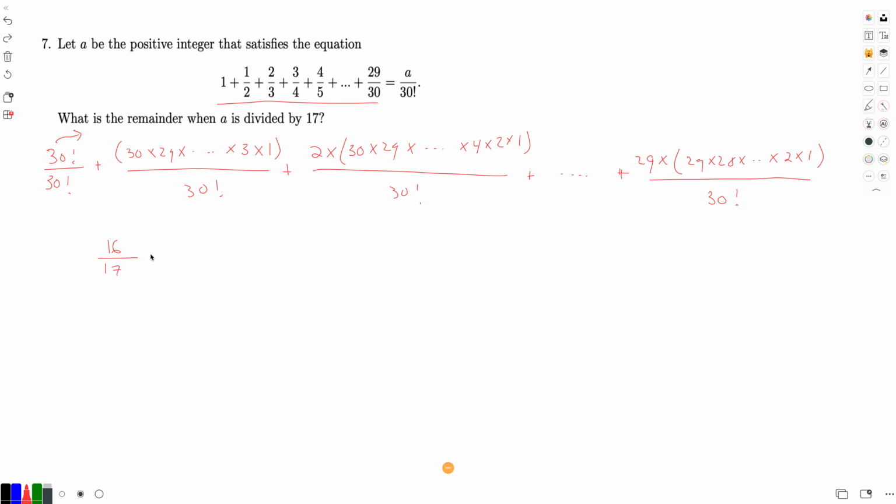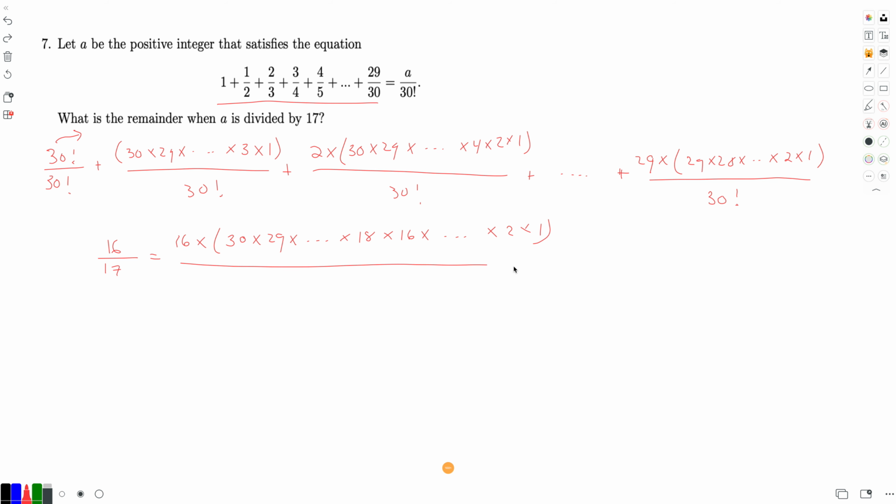Alright, so now let's just do the exact same process. We have the 16 out in the front. To get to 30 factorial in the denominator, we can multiply it by 30, 29, and then we'll stop at 18, continue from 16, and go until 2 times 1.